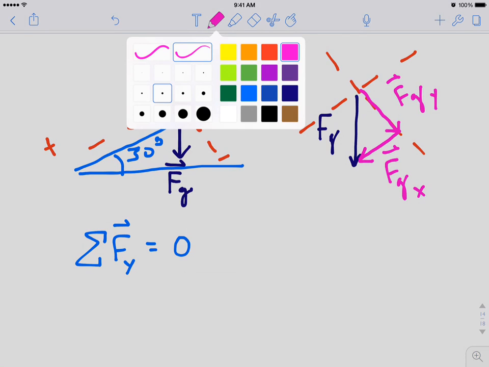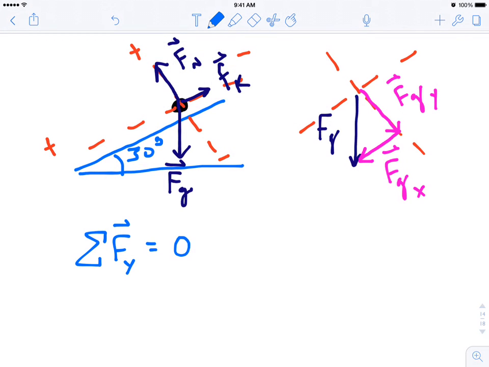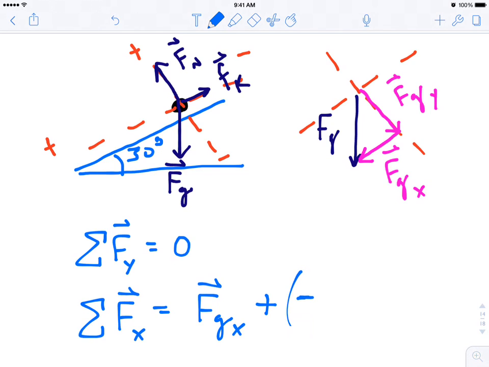If we now take a look at the sum of the forces on the x-axis, it's going to be the force of gravity on the x-axis added to the negative direction kinetic friction force.